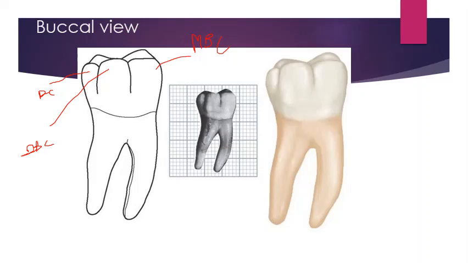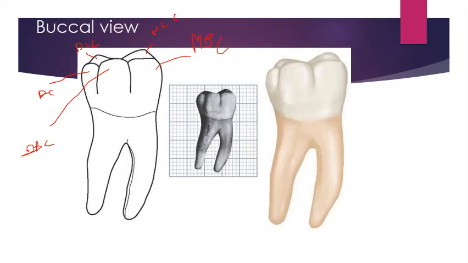These cusps are visible from the buccal view, and a bit of the lingual cusps are also visible, which are the mesiolingual cusp and the distolingual cusp.